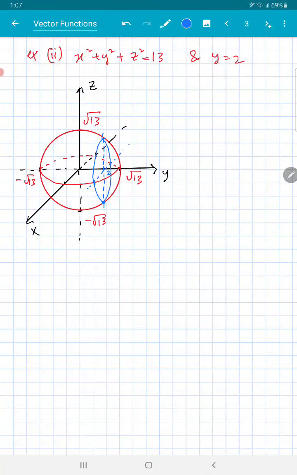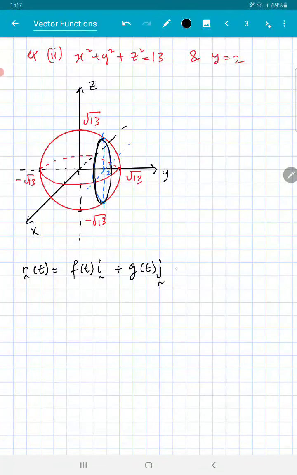Now what we want is to get the vector valued function for our intersection curve. So we want f(t)i plus g(t)j plus h(t)k.